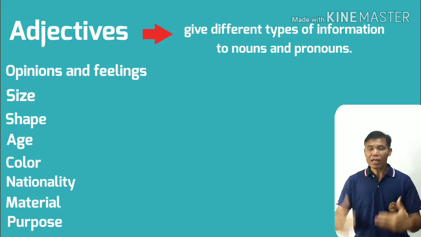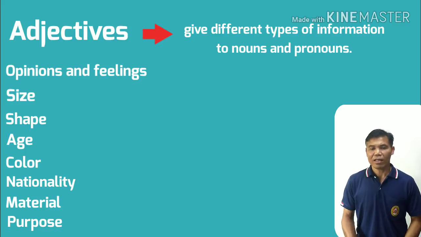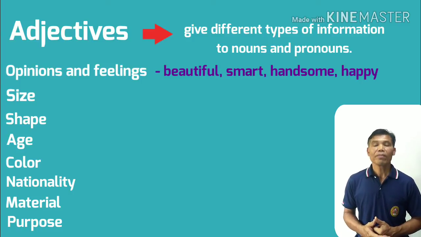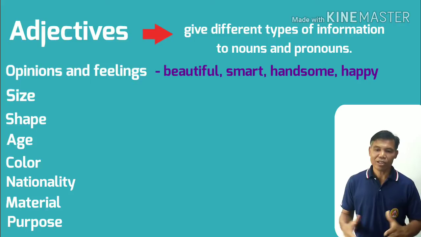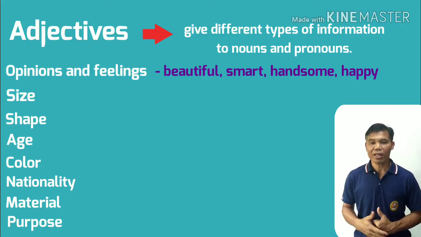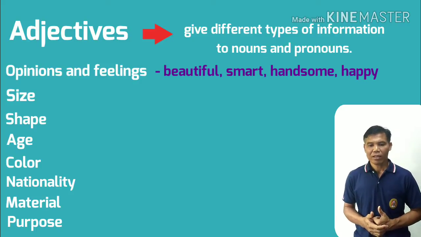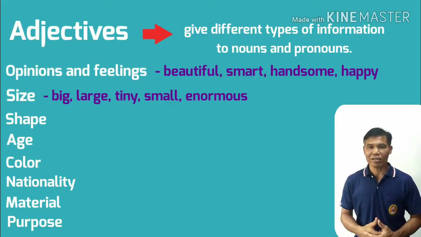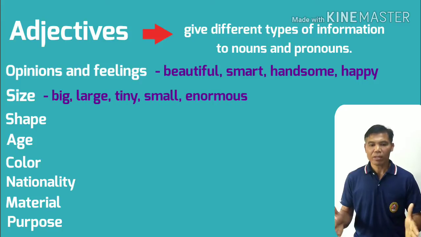So let's have a look at examples of adjectives that tell opinions. Beautiful, smart, handsome, happy, lonely, boring, delicious are adjectives that tell opinion and feelings. Big, large, tiny, small, enormous are adjectives that describe size.